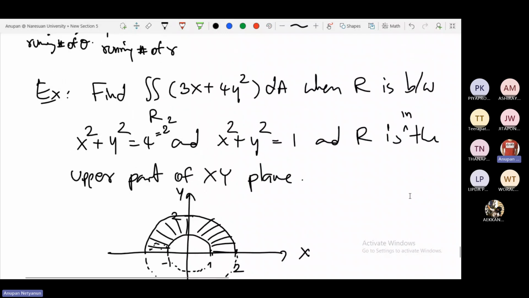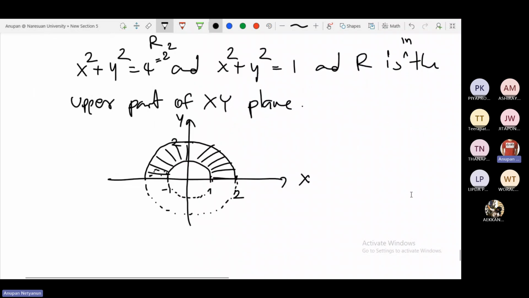We have to change everything into the polar coordinate system. Now I might want to start by changing x and y into r and theta.